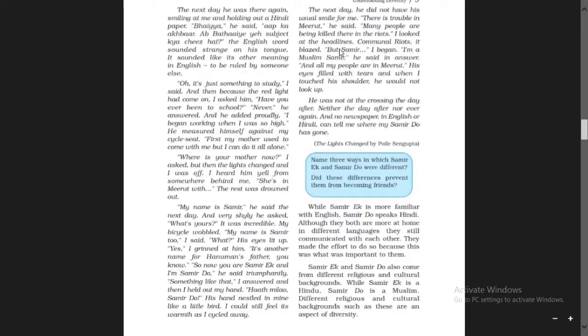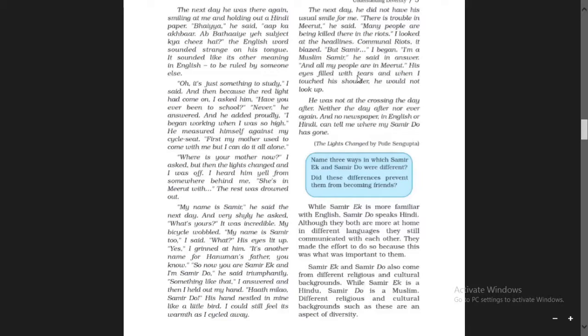I looked at the headlines. Communal riots. It blazed. Blaze means fire repeatedly. But Shamir, I began. I'm a Muslim, Shamir, he said in answer, and all my people are in Meerut.